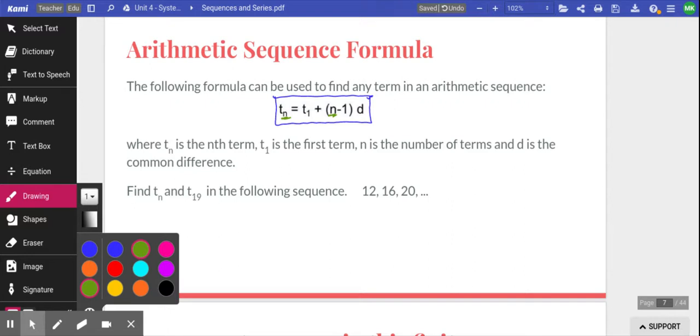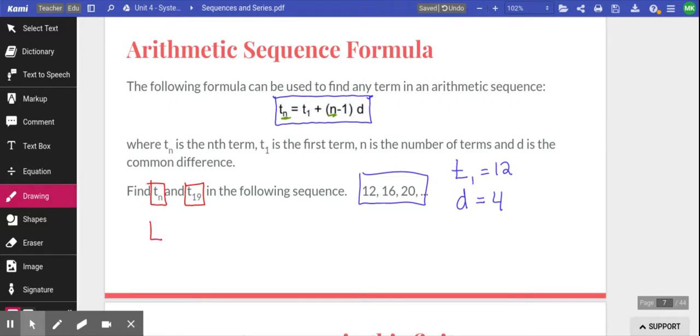So for instance, if we look at this question down here, if we just want to talk about random parts of it, T of 1 would be 12, and D is the 4, is the common difference. The question then asks us to figure out what T of 19 and T of n are. We'll start with T of n.